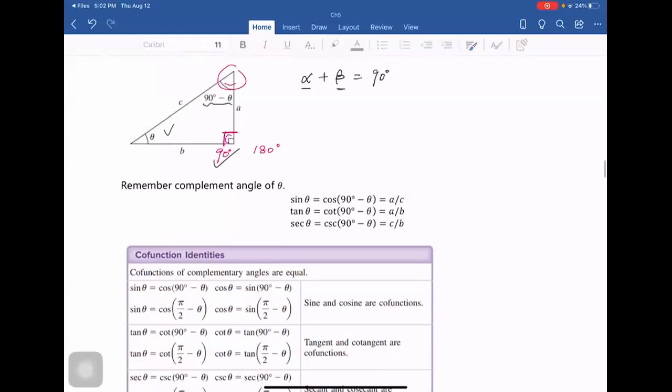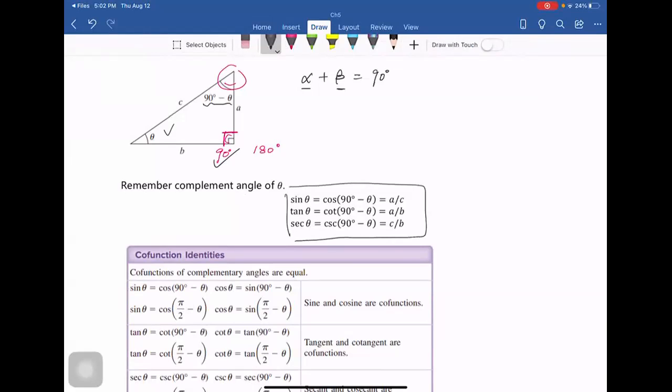Okay, remember the complement angle of theta. These are important. Sine of (90 degrees minus theta) equals A/C, opposite divided by hypotenuse.